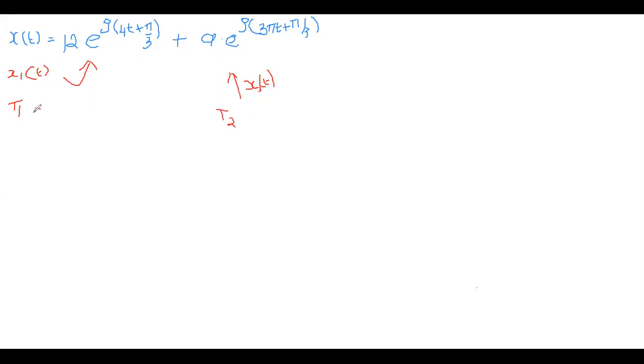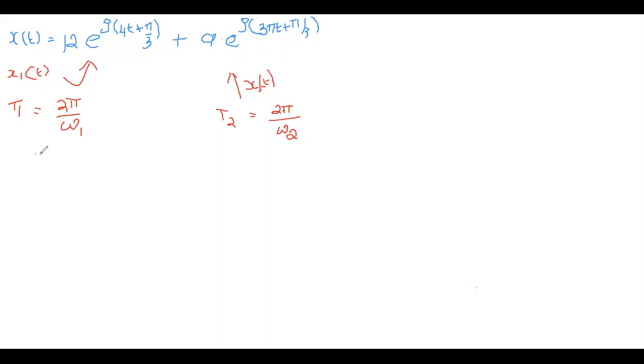We already know the fundamental time period is determined using the formula 2 pi by omega. Here omega is omega 1, because you are determining the fundamental time period of only the first function. Now T2 is equal to 2 pi by omega 2, the angular frequency related to the second function. So T1 is equal to 2 pi by omega 1, T2 is equal to 2 pi by omega 2.